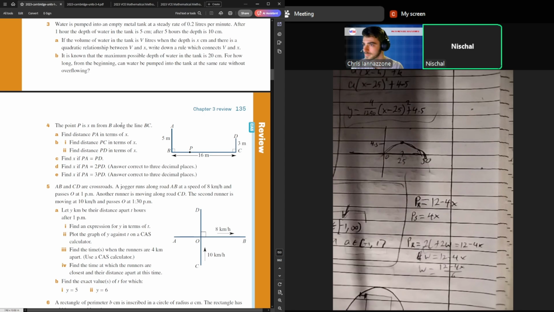So it's asking for a quadratic, so V equals some amount of x. Hmm. It's 1 hour gives 5 centimeters, and 5 hours gives 10.